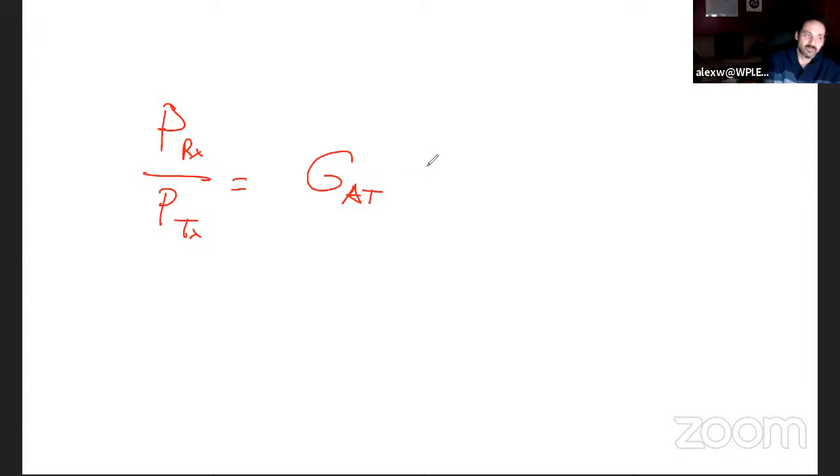And the free space path loss, what's that? That's going to be equal to lambda over 4 pi d, the distance, squared, times GA R. Now, recall what these are.